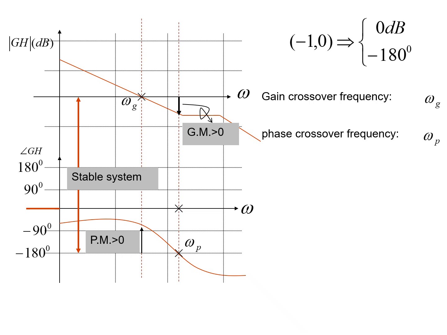This is if the system is stable. This is the position. The stability is in the left side. The angle 180 degrees, 90 degrees, minus 90 degrees, minus 180 degrees.